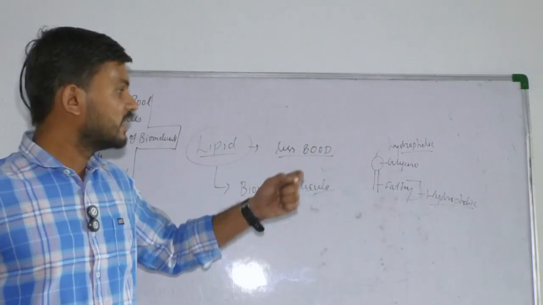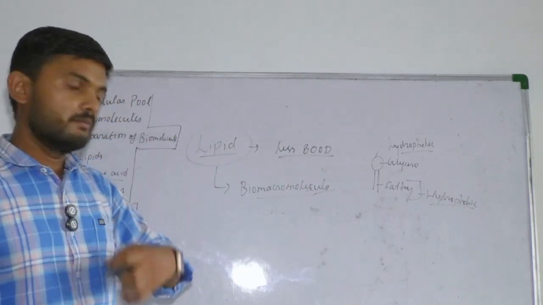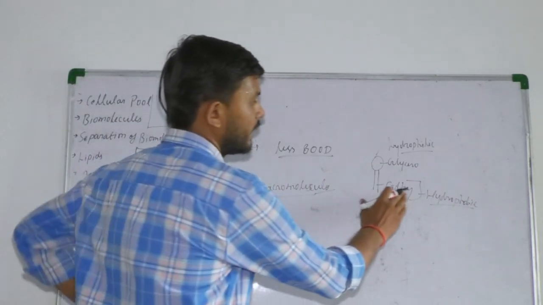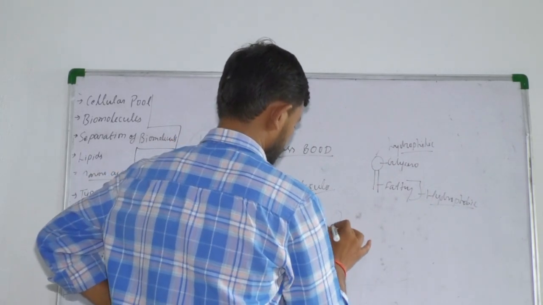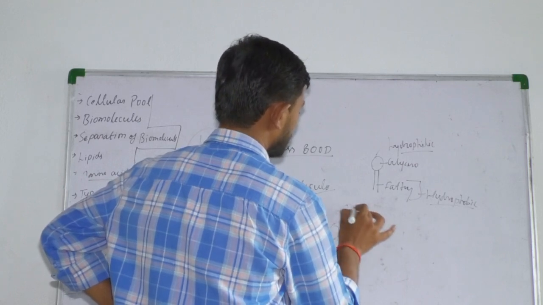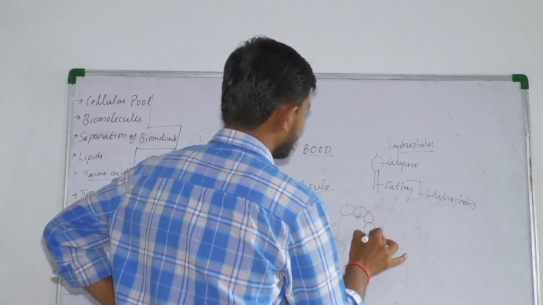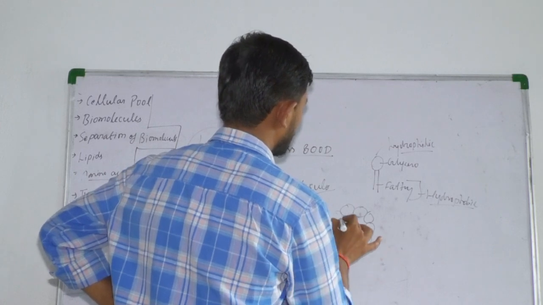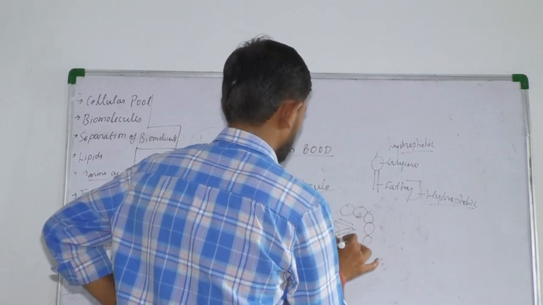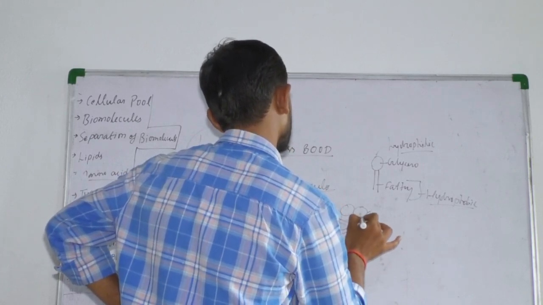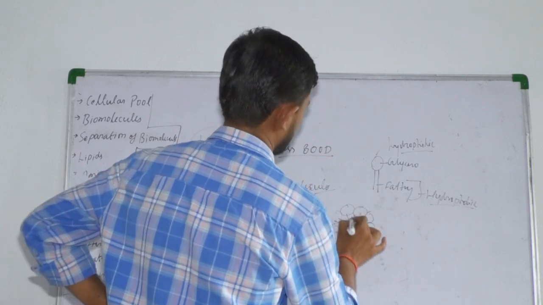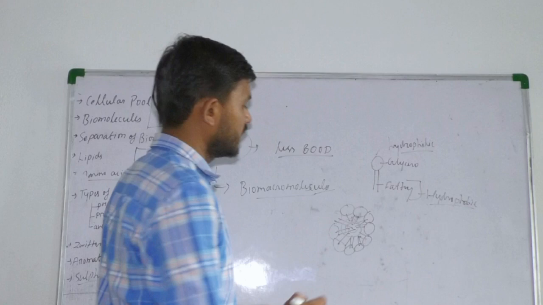So when this lipid molecule is mixed with water, these hydrophobic fatty acid tails make a cluster, moving far away from the water, and they make a vesicle.